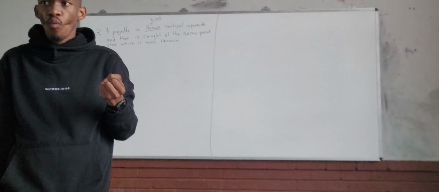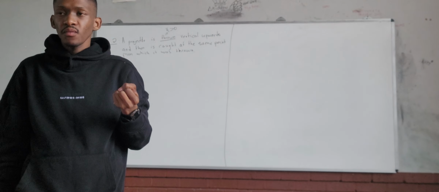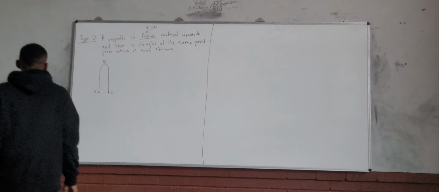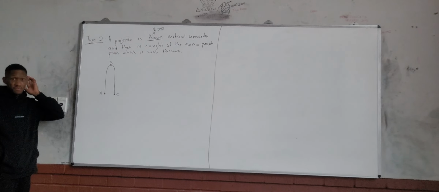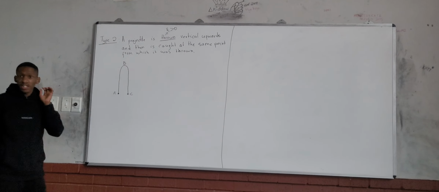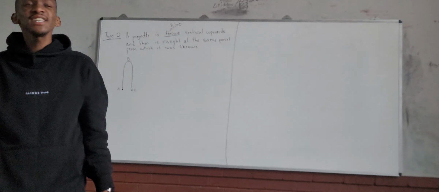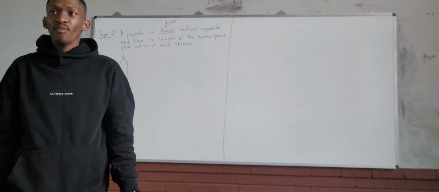So, can I see the velocity at C? Is it less than V initial? It's greater than V initial? Incorrect. But it's caught at the same point.